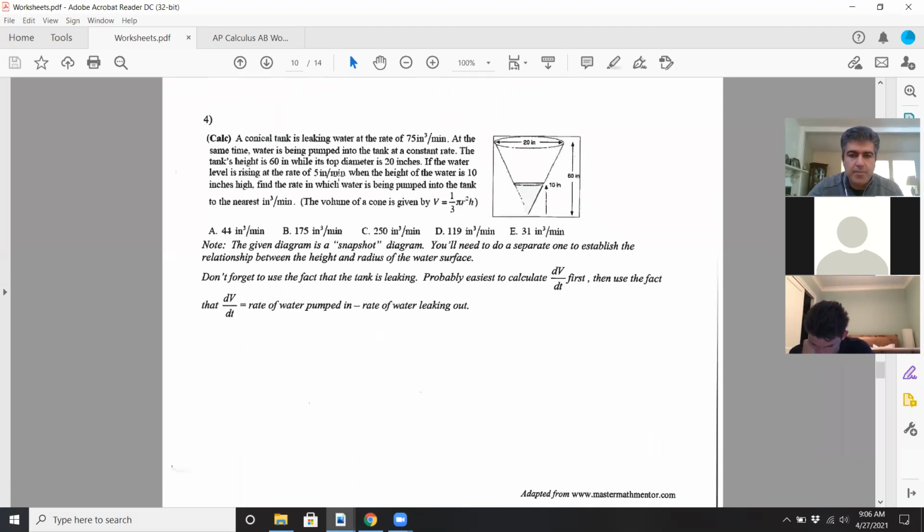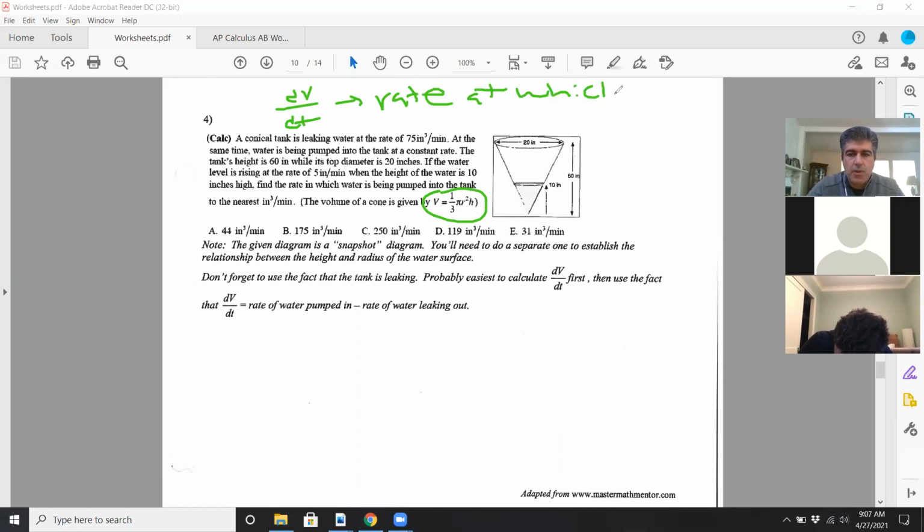And also, we are told that the water level is rising at a particular rate. So we want to know, find the rate at which water is being pumped into the tank, okay? Well, here's where it's a little tricky. Water is being pumped in, water is also leaving. And we also have volume too. So the way you want to think of this, dV over dt, that's the rate at which volume is changing.